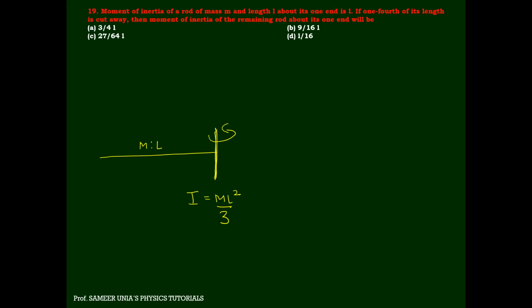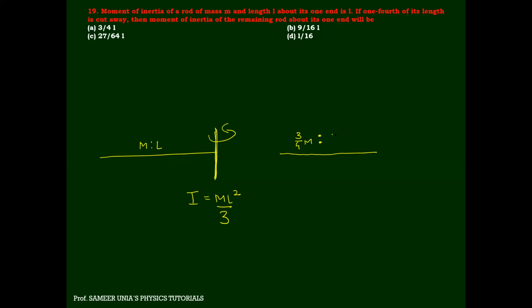अब ये कह रहा है 1/4 of the length को कट कर दिया, तो मास कितना हो गया? भाई लेंथ को कट करेंगे तो मास भी कम होगा, मास सेम नहीं रहेगा. 1/4 of the length is cut, मतलब 1/4 of the mass is also cut ना, because it is uniform rod. So how much is the mass left now? 3/4 of the mass is left. m को m नहीं रखना, ये गलती करते हैं.